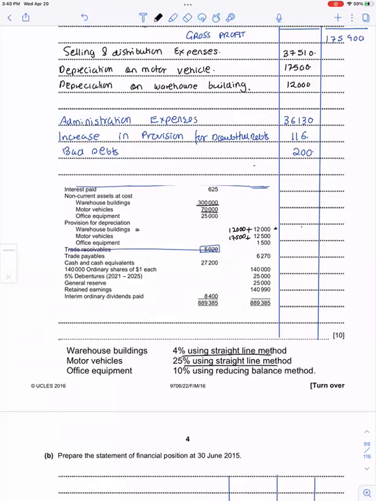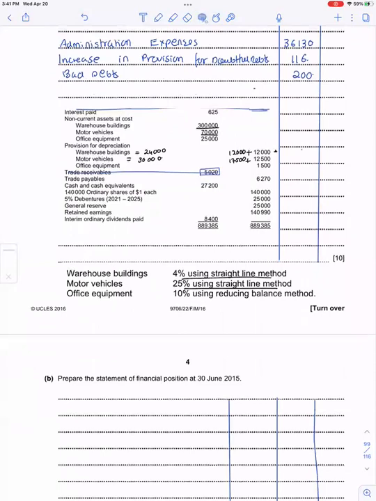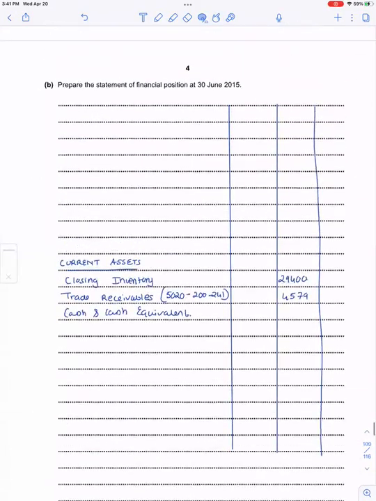So provisions for warehouse building will be 24,000. And for motor vehicles, it will be how much? 17,500 plus 12,500, old plus new, 30,000. Are you with me?